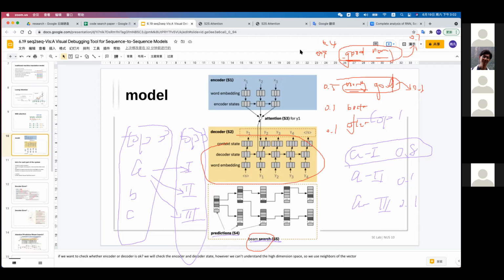Every time you find the top three candidates, will you renormalize the probability, or do you just keep it like that? Because your probability is multiplicative, it will decrease a lot if you have a long sequence. But anyway, each time we're just choosing the top three. What do you mean by renormalize?